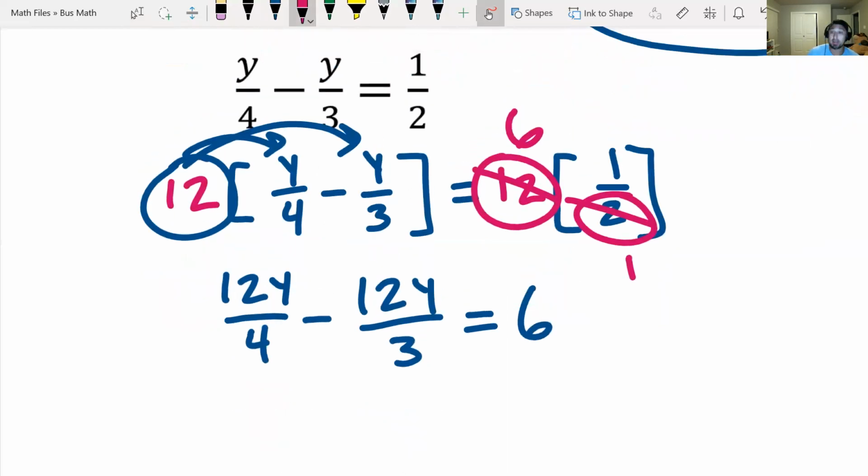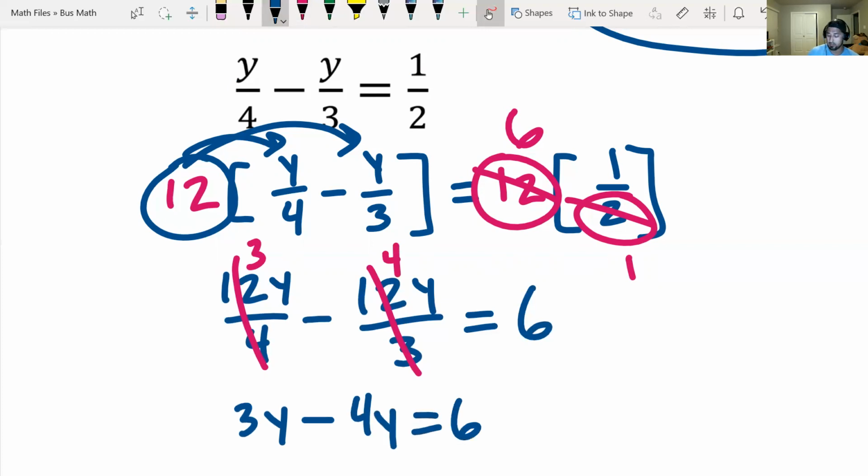Okay, and now time to cancel more. 12 over 4, that becomes 3. So we get 3y minus 12 over 3, that becomes 4. So we get 4y equal to 6.